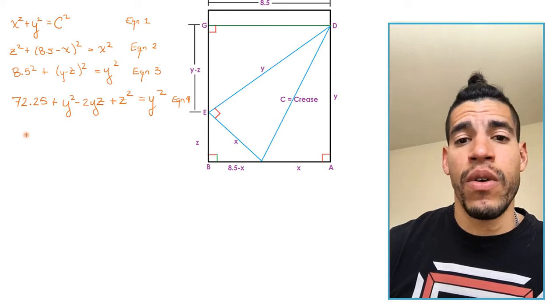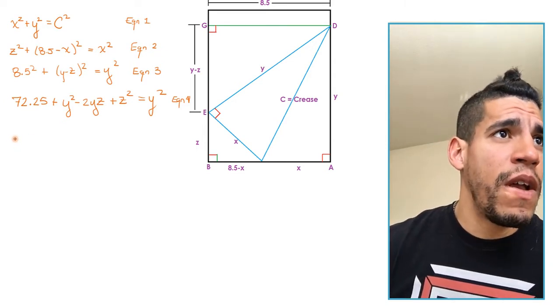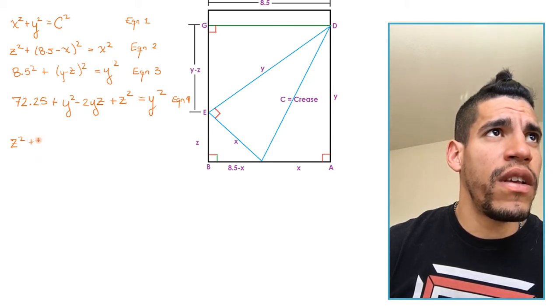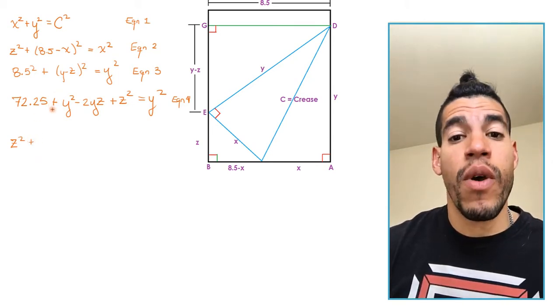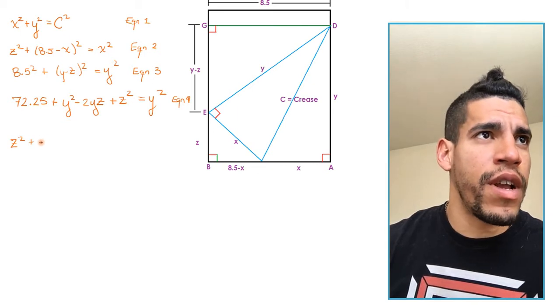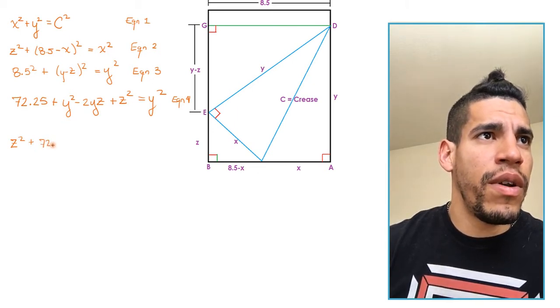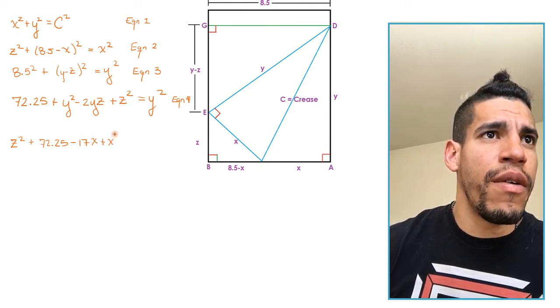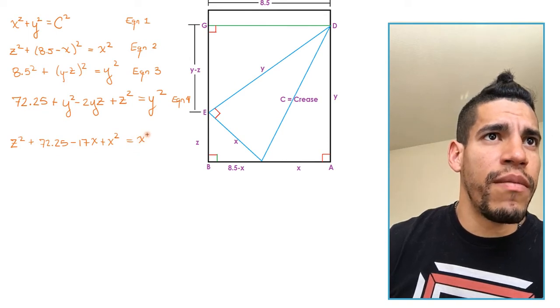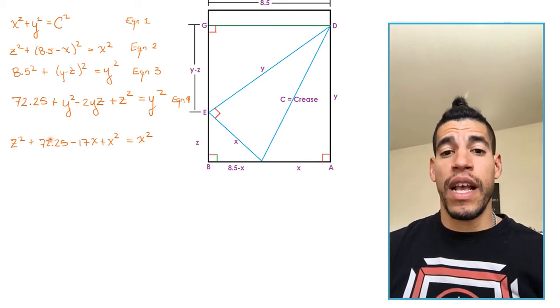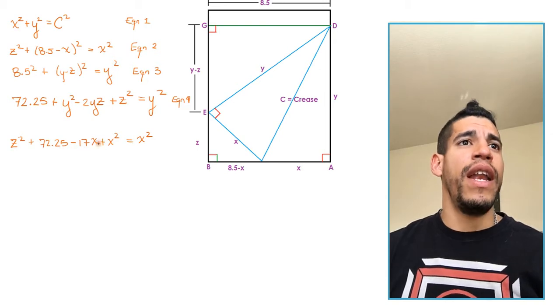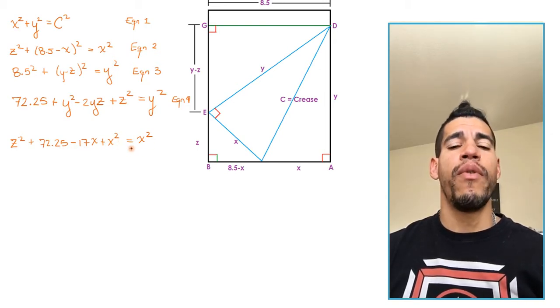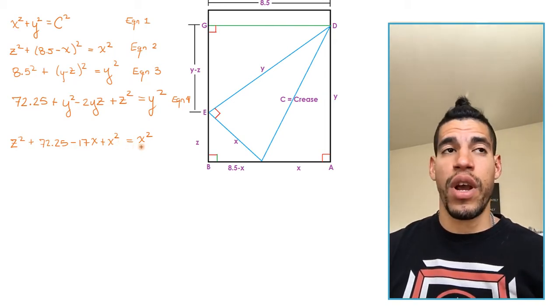Now equation 2, I'm going to expand it also. Equation 2 is z squared plus (8.5 minus x) squared, FOILed, so you get 72.25 minus 17x plus x squared equals x squared. I expanded equation 2, and now notice that the x squared terms cancel when I move one to the right as a subtraction.